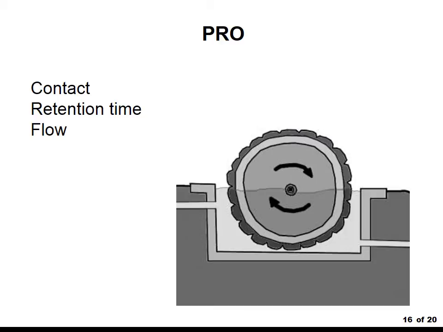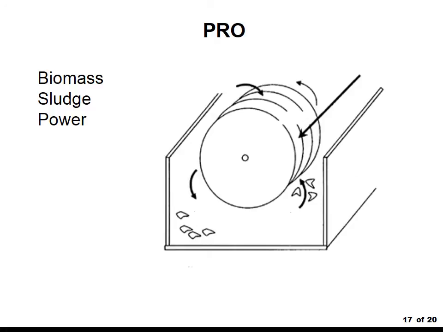As with many other systems, there are a lot of pros in this kind of system. Short contact time, short rotation time. We can deal with a wide range of flow which can be treated in this kind of system. Also, why this system is very good is the fact that biomass can be easily removed. There is not a lot of sludge, and thanks to that we don't need a lot of power, so this makes this kind of system eco-friendly and less demanding than some others.